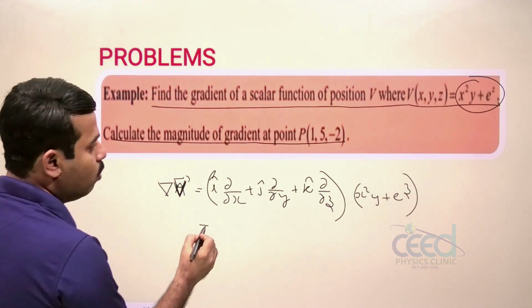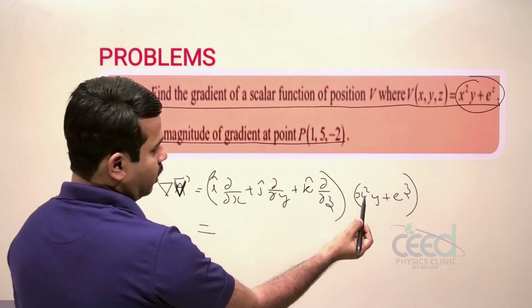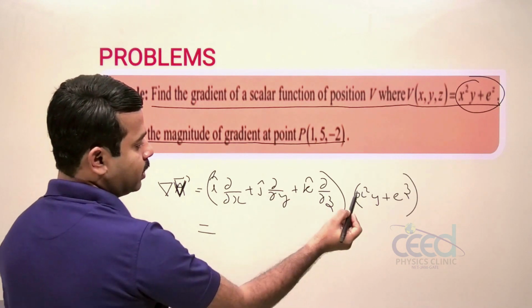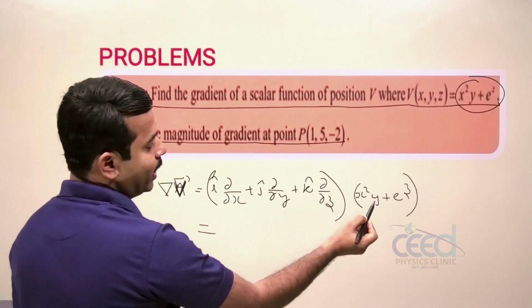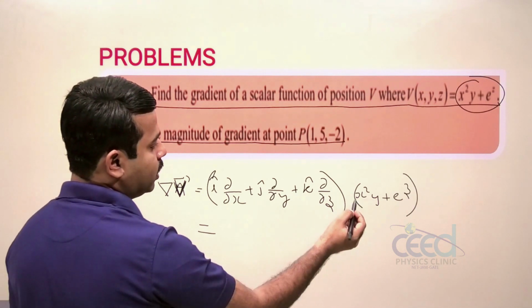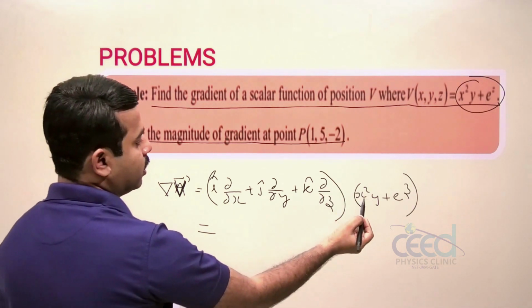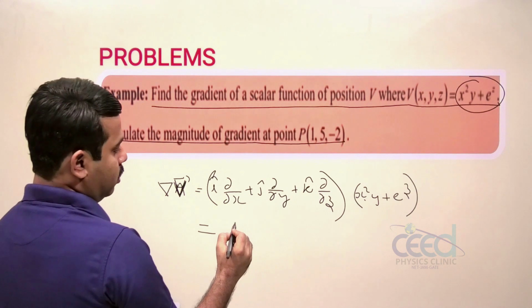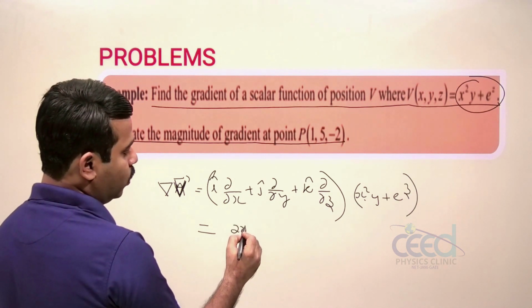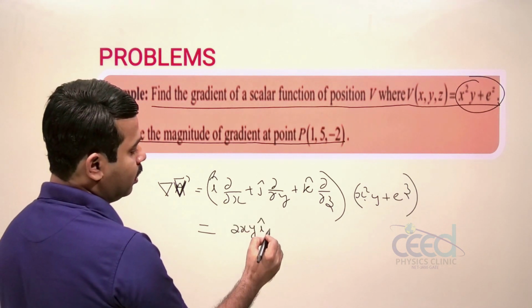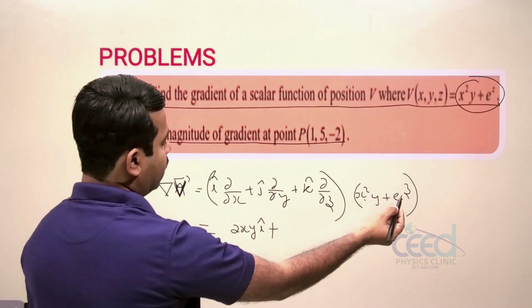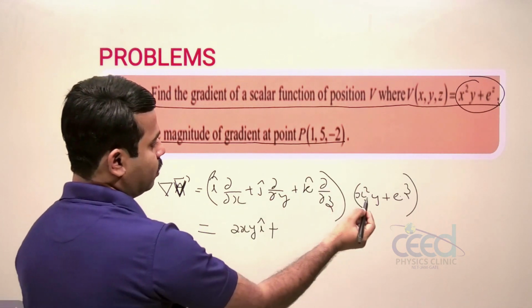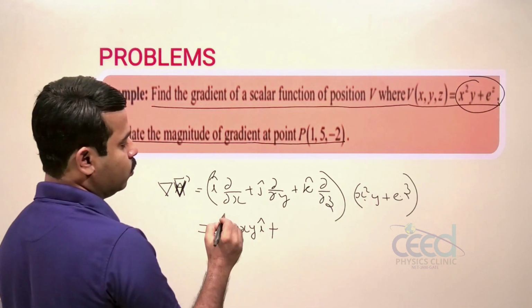With respect to x, keep y as a constant. That gives 2xy I cap, and e raised to z gives 0.